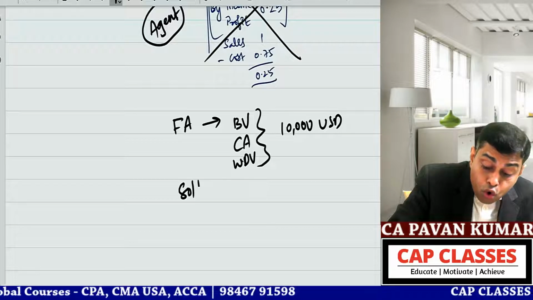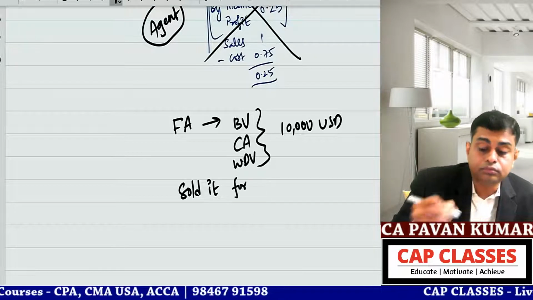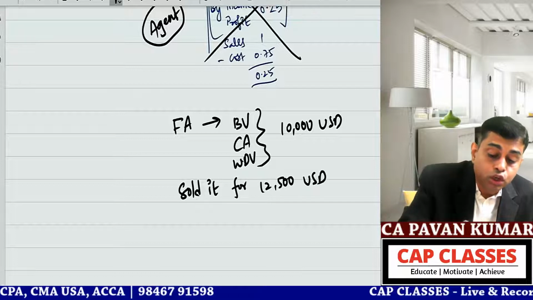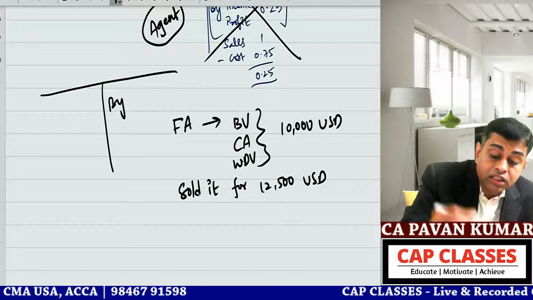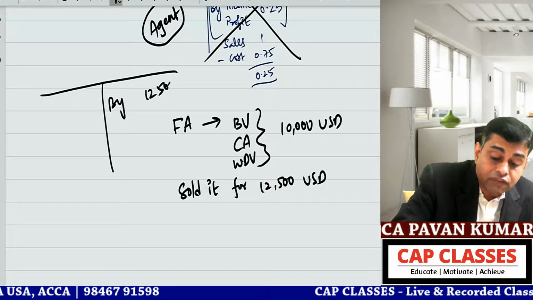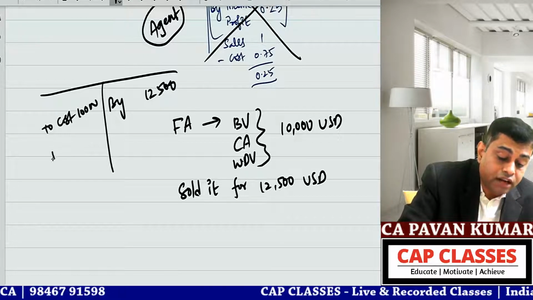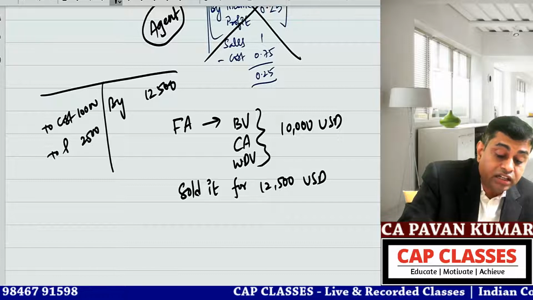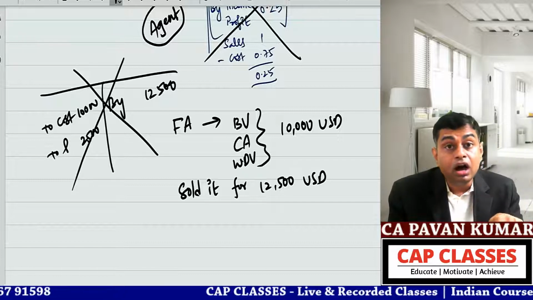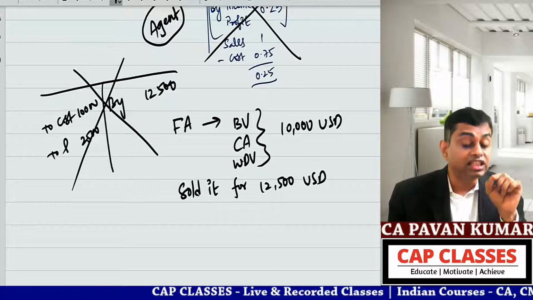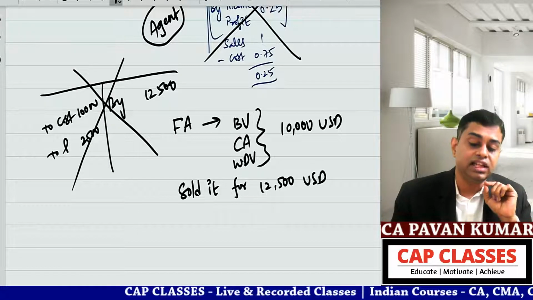You sold it for $12,500 US. You should not write by sale of fixed asset 12,500 to cost of fixed asset $10,000, therefore to profit 2,500. This is wrong. This is for operating income, for trading income, for your regular sales.